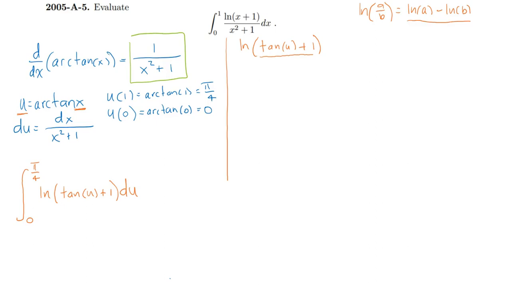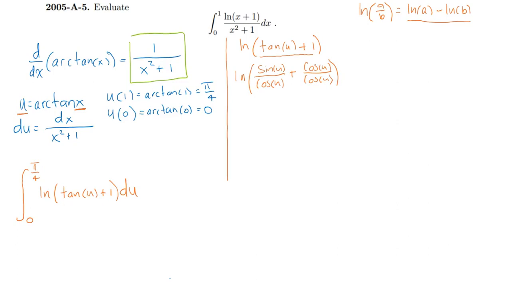Now, the way we can do that is we can say, well, tangent is just sine of u over cosine of u. And our 1, well, if we want a similar denominator, then this will be cosine of u over cosine of u.